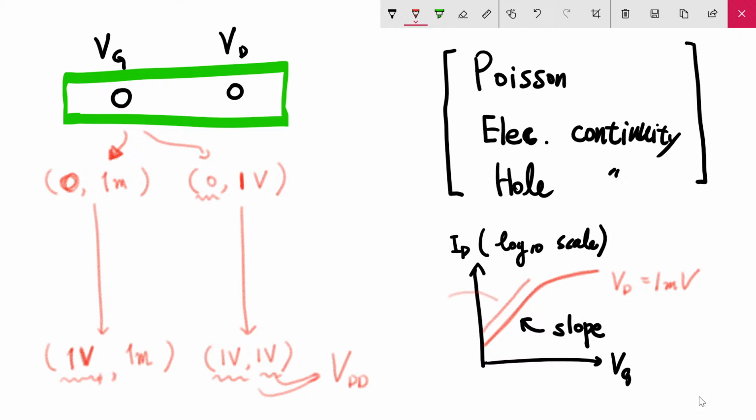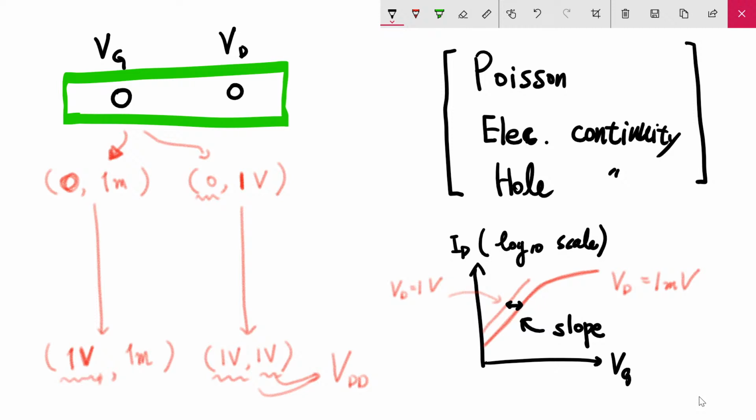So this curve corresponds to VD equal to 1 volt. In this case the curve seems to be just shifted in the negative direction, and you can measure the amount of shift here.